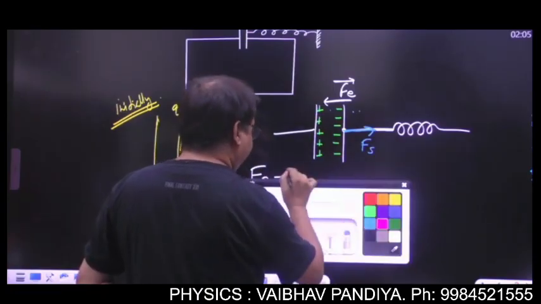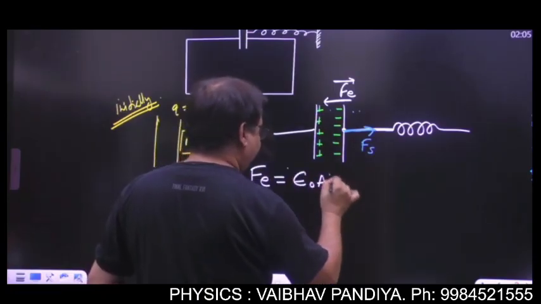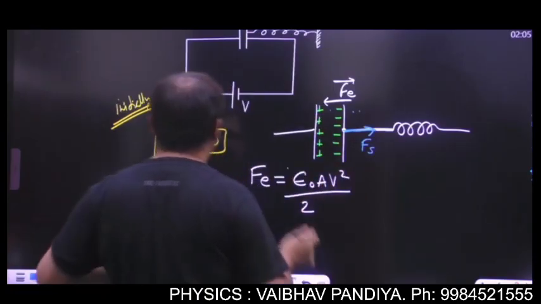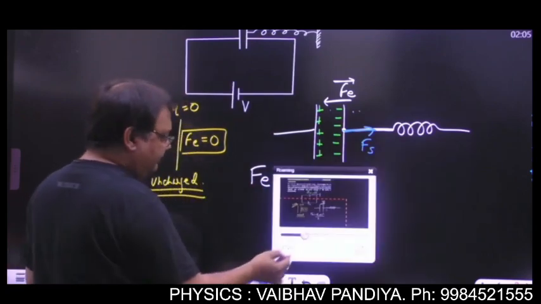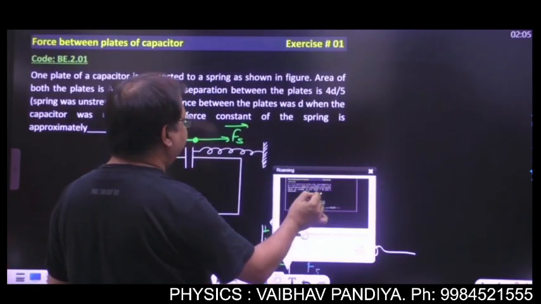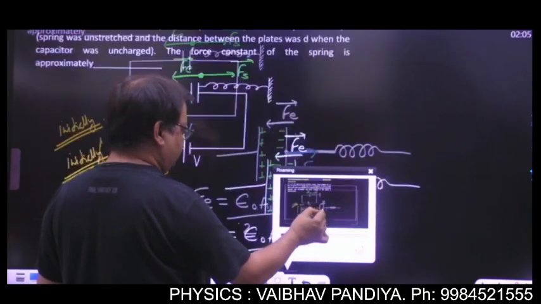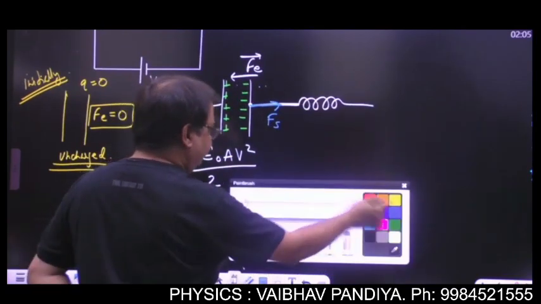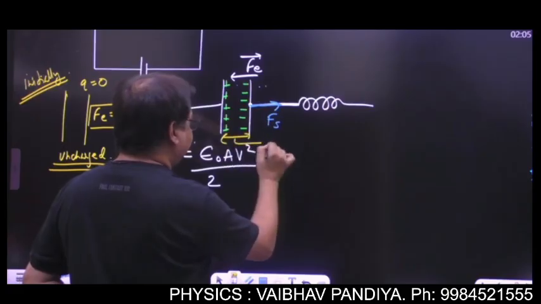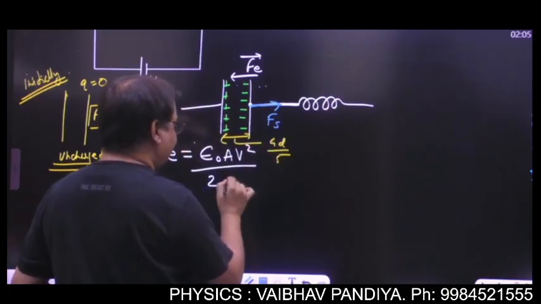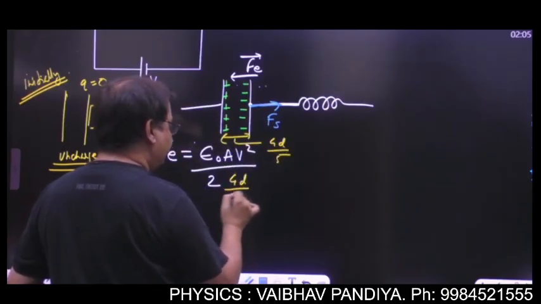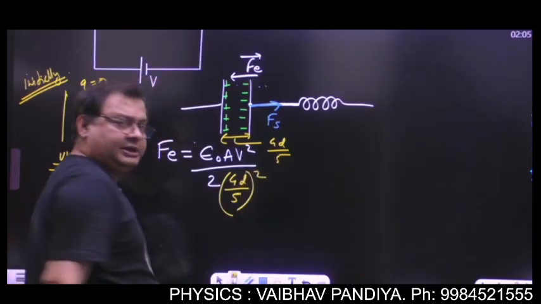So it will be epsilon naught A V square by 2d square, and what will be d? d is the separation at equilibrium. Given at the equilibrium, the separation is 4d by 5. So at this instant, the separation is 4d by 5. So in place of d, put (4d by 5) whole square, correct?